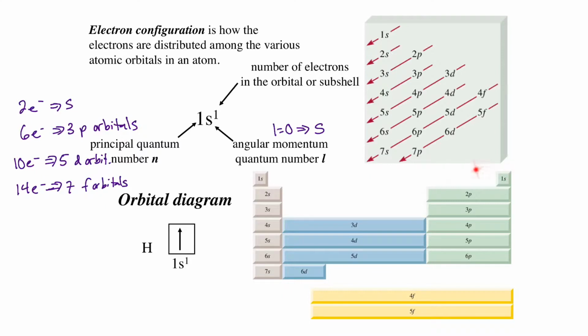If we go over to the right-hand side, those elements are going to fill your p orbitals. Those electrons will fill your p orbitals. Your d block, our transition metals here in the middle, fill your d orbitals.